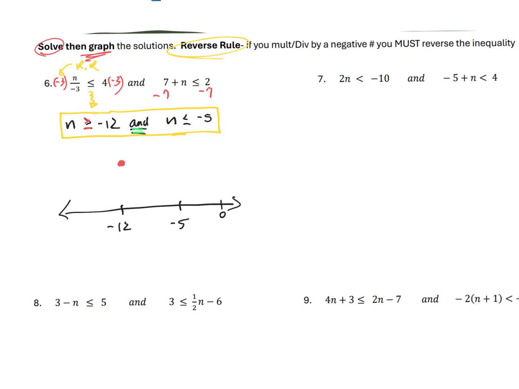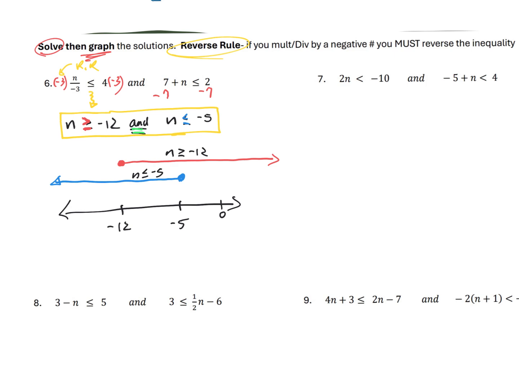It's a solid circle because it's equal to, and we want all the numbers greater than. So that's to the right. Keep on going forever. So the red represents all the numbers that are greater than -12. Then you have a less than or equal to, and that should be above the number -5. And all the numbers less than -5 are to the left.